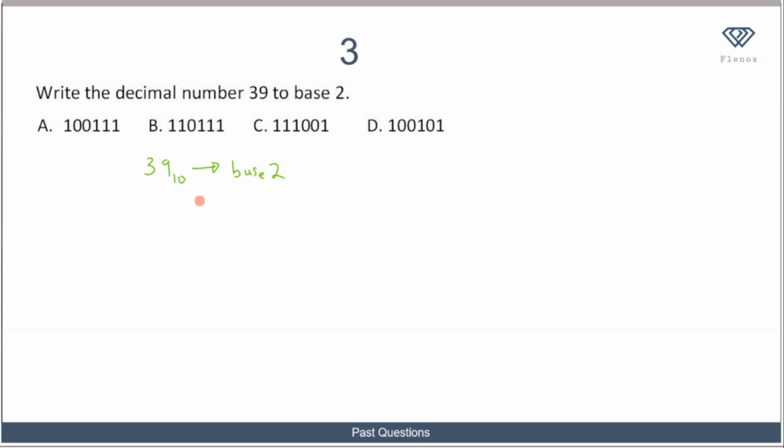We know that to convert a number from base 10 to base 2, we have to divide by the base we wish to convert to. So in this case, we are going to divide 39 by 2 using long division.